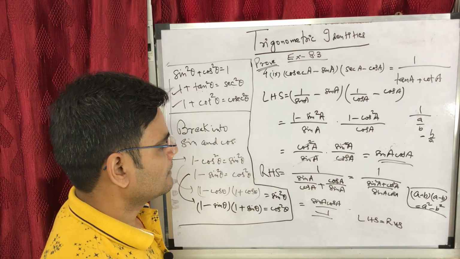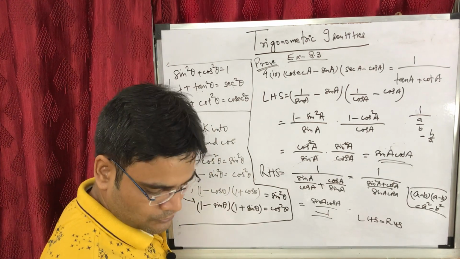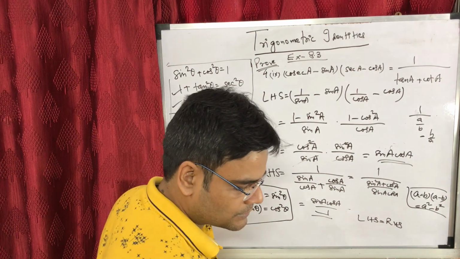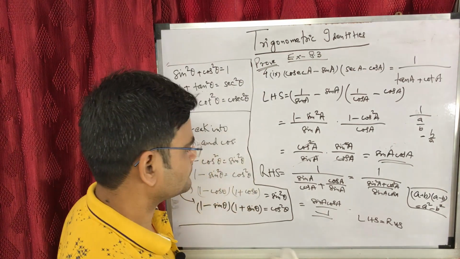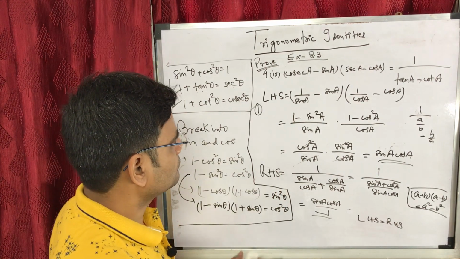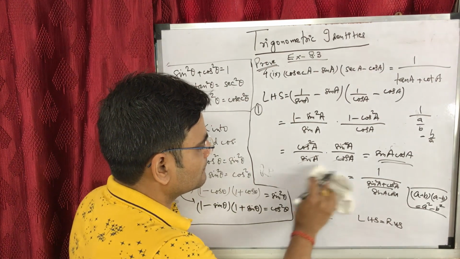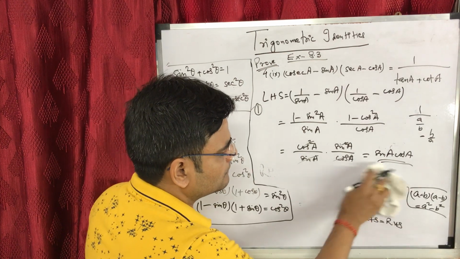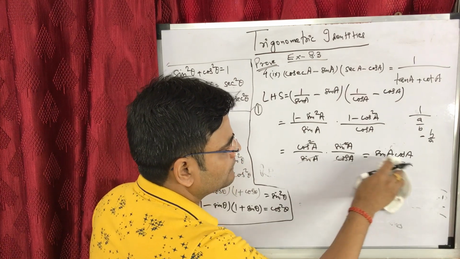So another thing which you can do is, this is option 1. Option 2 is divide numerator. See, you got here sin a cos a.